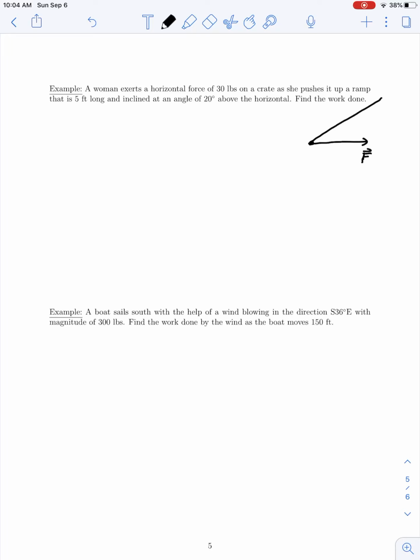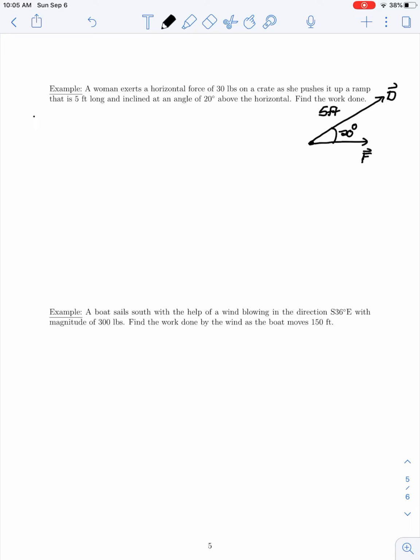So here I have some ramp. Its total length is 5 feet, and we're told that it's inclined at an angle of 20 degrees above that horizontal. So this 5-foot ramp, which our object is moving along, will be our displacement vector.